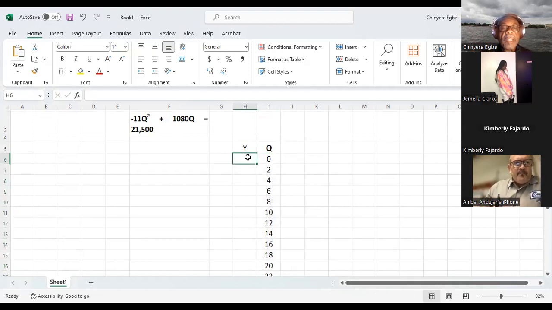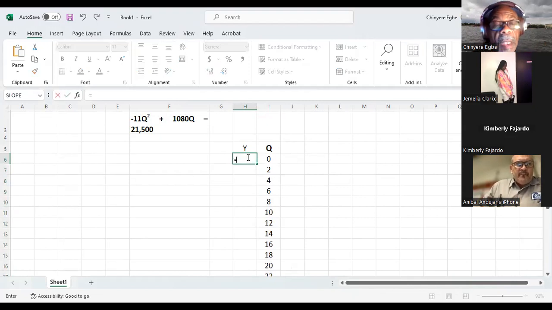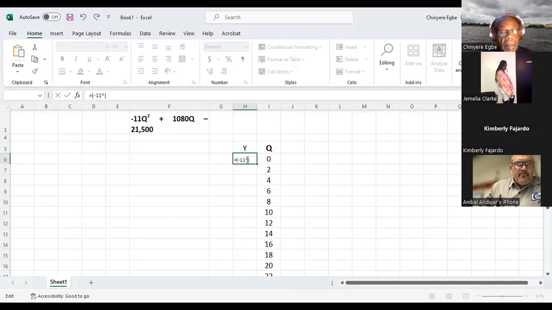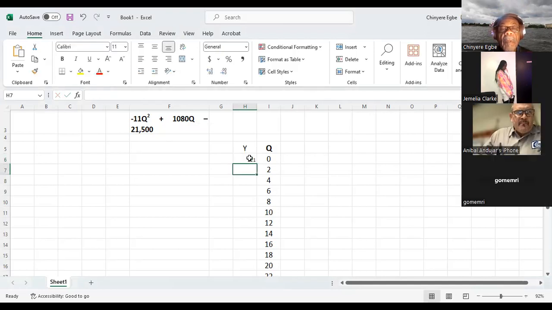Now, what you do then is you put in these values here and say equals minus 11 to the power 2. I'm going to make that bold so that you can see it.